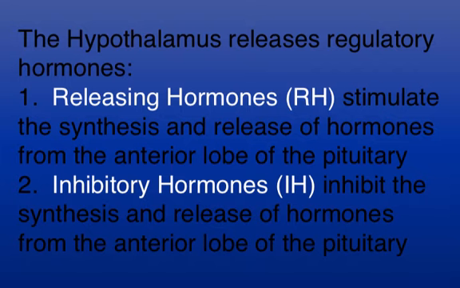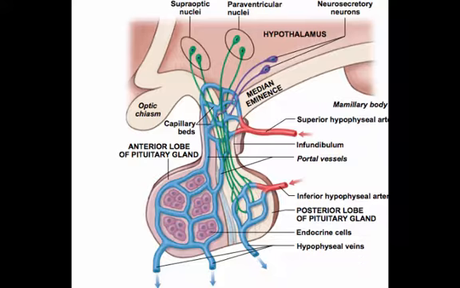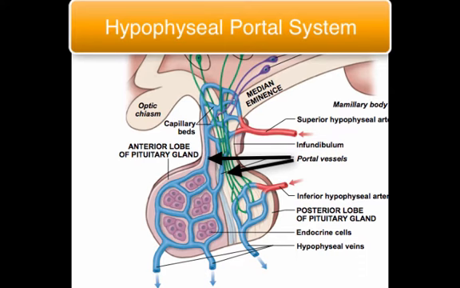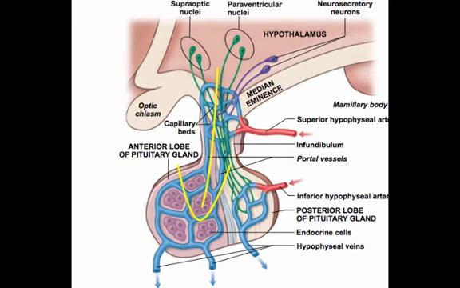The releasing hormones of the hypothalamus will stimulate the synthesis and secretion of 1 or more hormones at the anterior lobe, whereas the inhibitory hormones of the hypothalamus will prevent the synthesis and secretion of hormones of the anterior lobe. These hormones are carried to the anterior lobe of the pituitary through a small local capillary network called the portal system or hypophyseal portal system. This portal system ensures that the regulatory hormones reach the intended target cells.